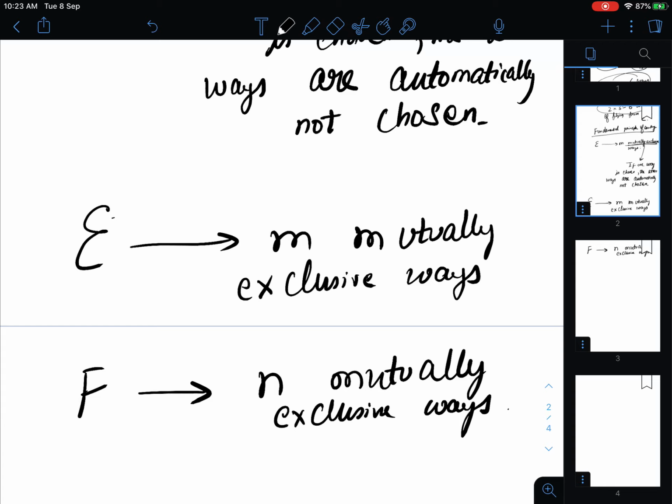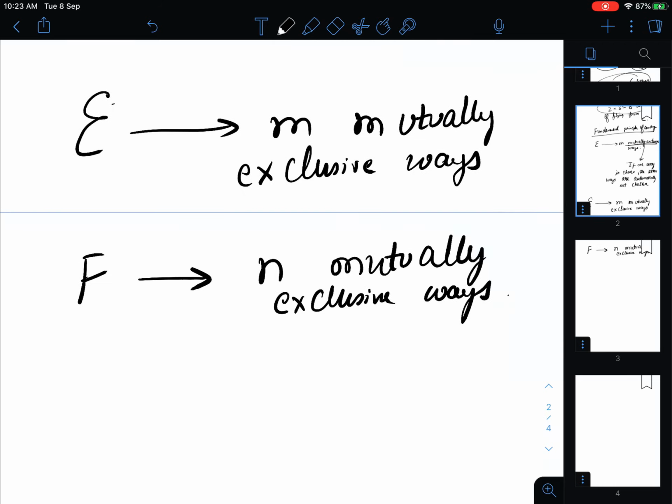Independence is in the context that if there are two simultaneous events occurring, then the choice that you make for event E, which can occur in one of the m mutually exclusive ways, is independent of the choice that you make for event F, out of these n mutually exclusive ways. So this is the distinction between mutually exclusive cases and independence. You must be very careful about that.